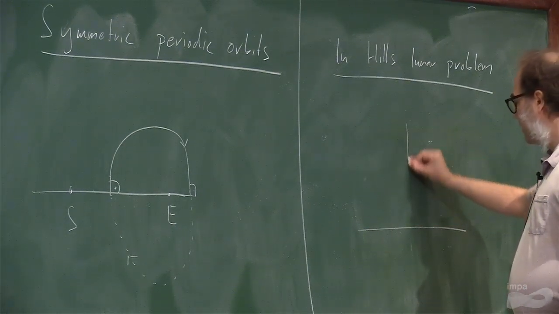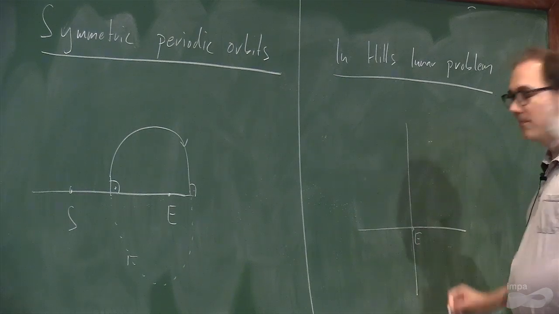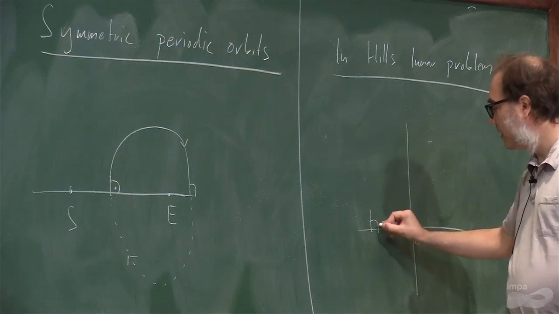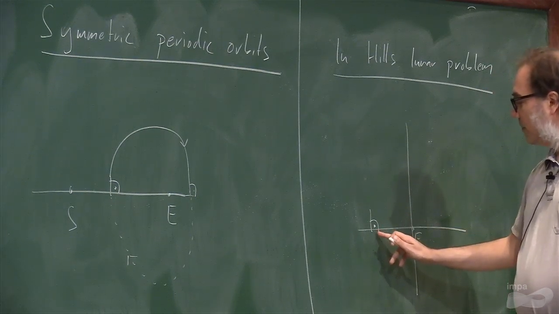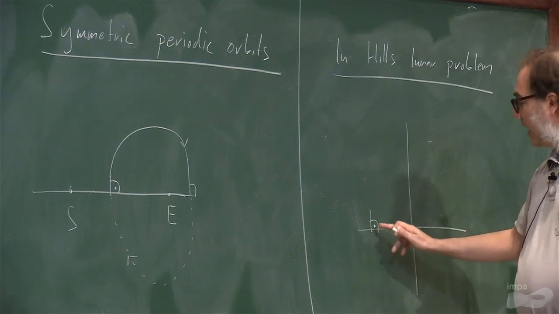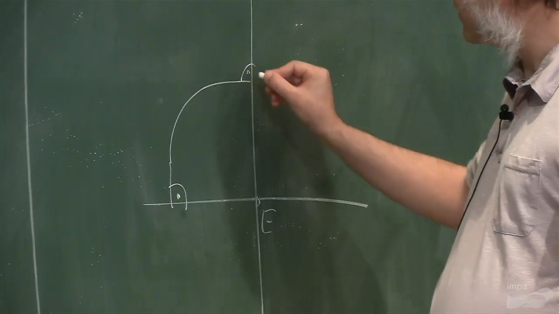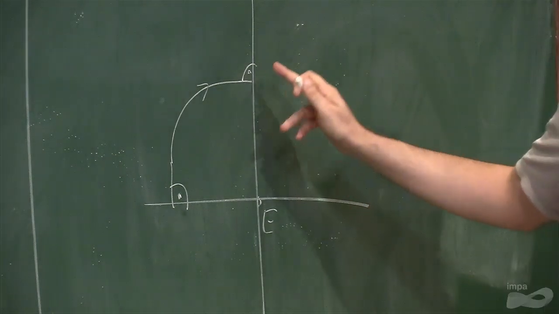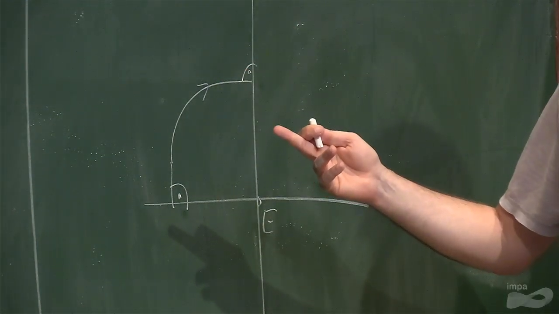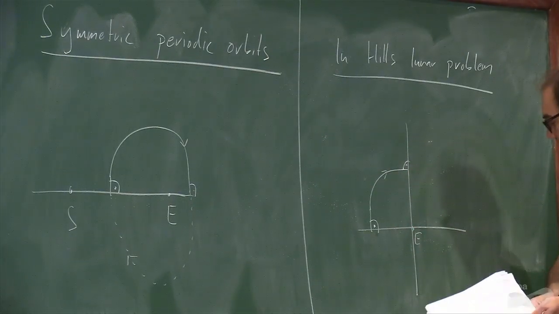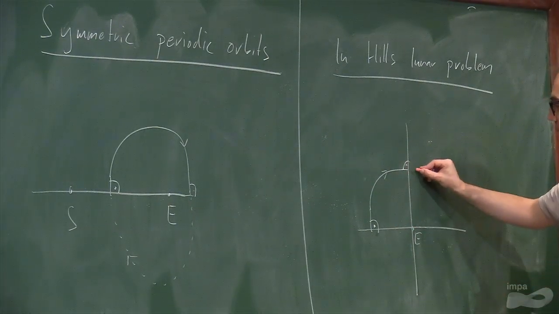we have, so here is now the Earth, the Sun is gone, it's far away, and if we start here perpendicularly at the x-axis, and we end at the y-axis perpendicularly, then we can use both reflections. So we first do reflection at the y-axis, so we continue like this.